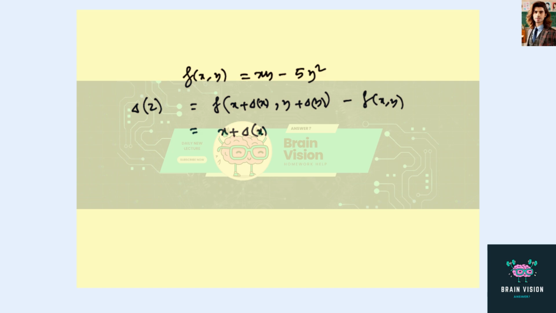So x plus delta x times y plus delta y minus 5 times (y plus delta y) whole squared minus f(x, y), so minus x times y, and two minuses make it positive 5y squared. So let's evaluate this.